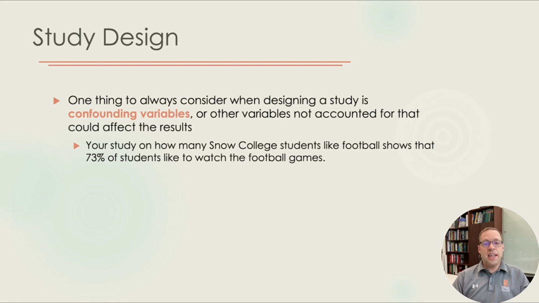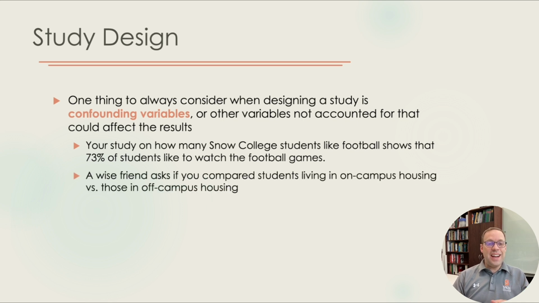Let's say that you have a study on how many Snow College students like football. And your study shows that 73% of students like to watch football games. Great. Good job. You got your study done. And then a wise friend asks you, did you compare students living on campus versus off campus?